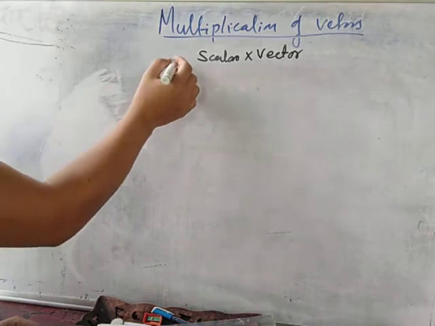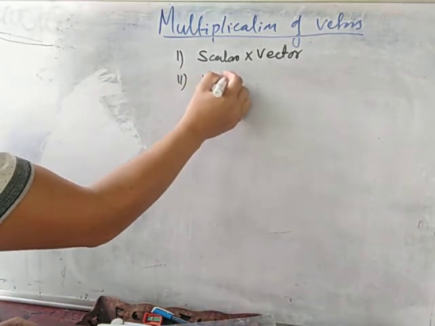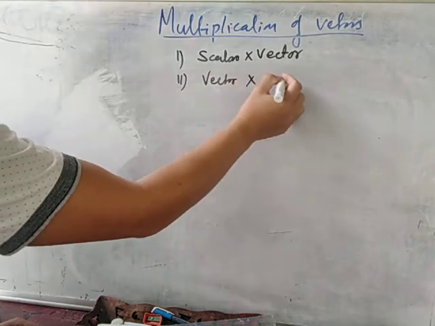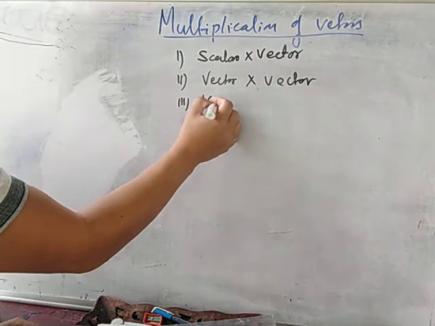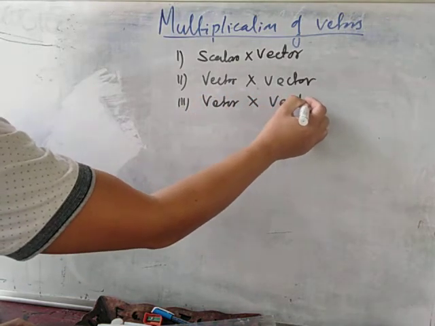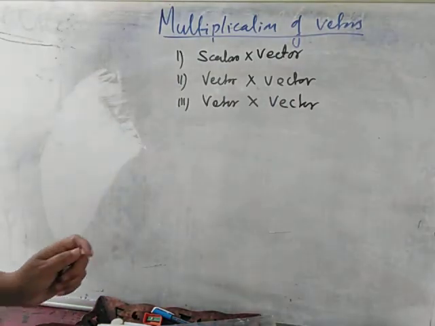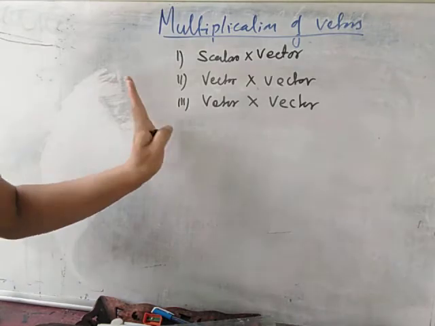Second, vector multiply with vector, and third, vector multiply by vector. See, these two are same, isn't it? But different are there.